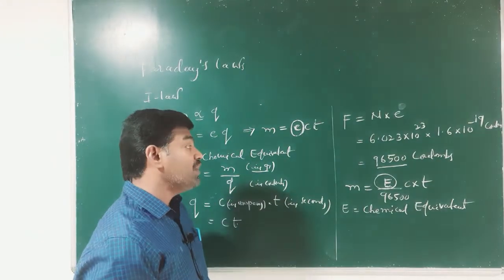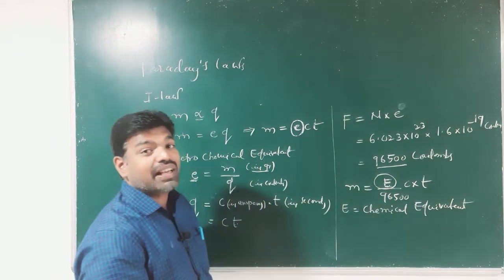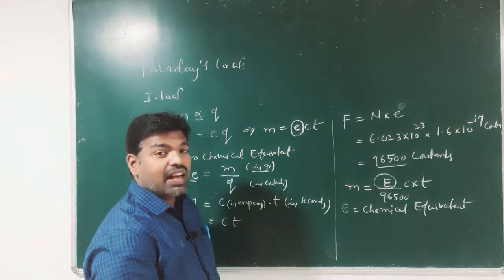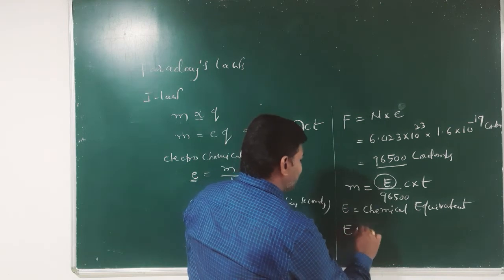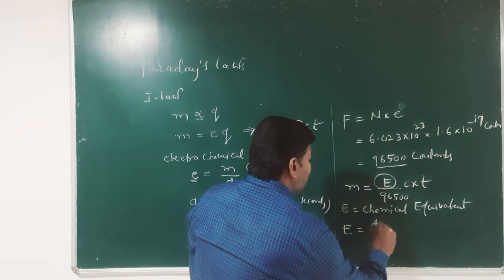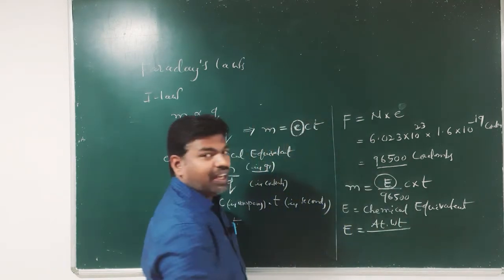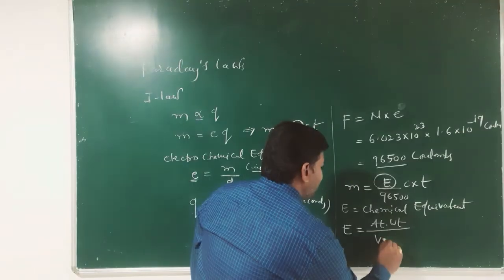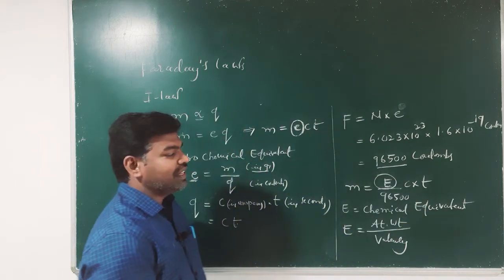And we know the formula for chemical equivalent from the earlier classes. Chemical equivalent is atomic weight of substance by its valency.